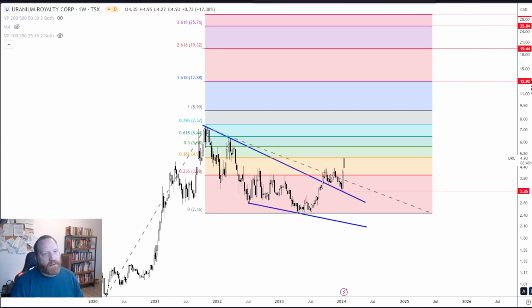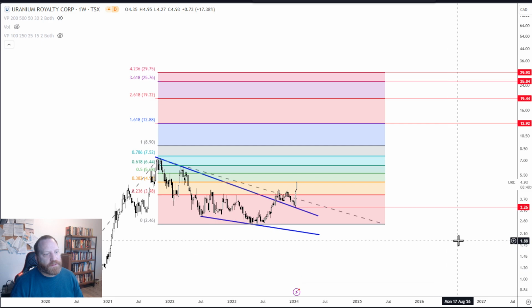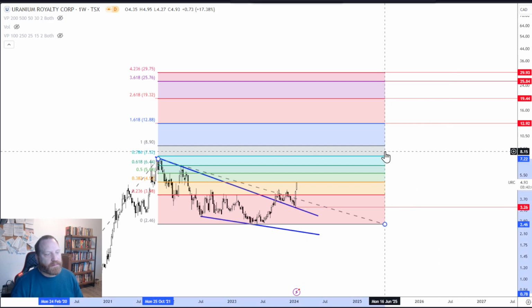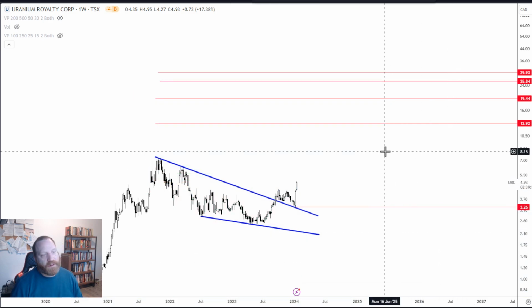These would be long-term levels that I would look at and that I would think of taking some profits off of the table.